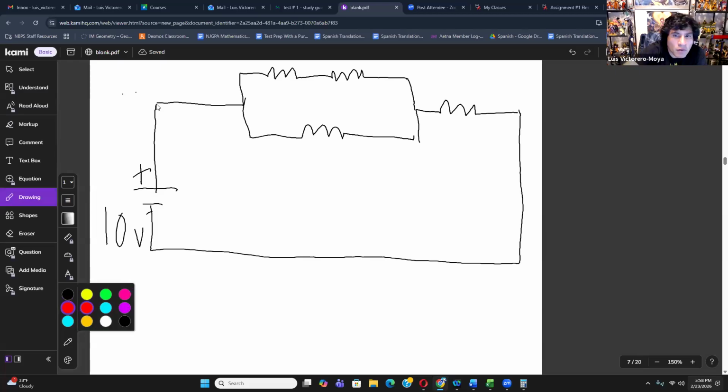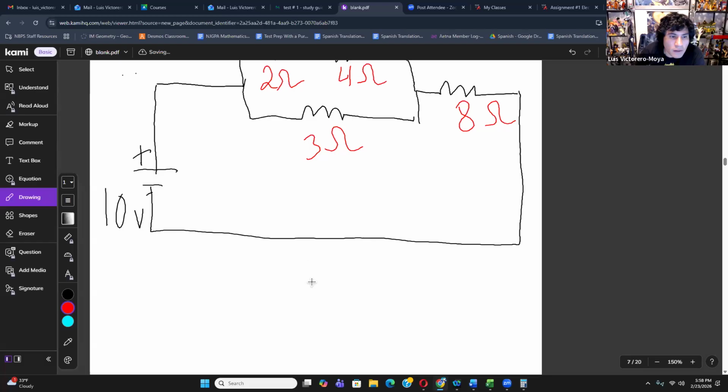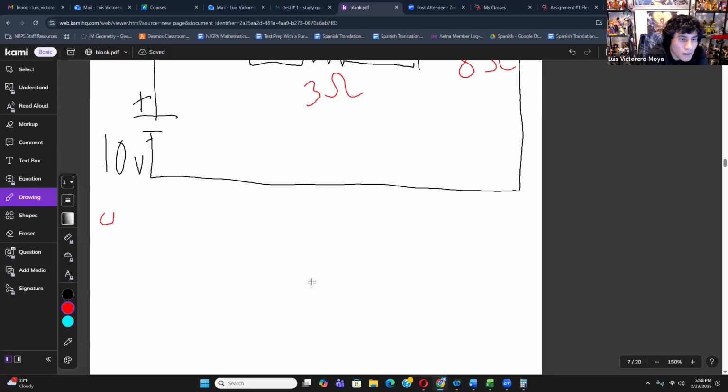Okay, so values of resistance, right? Let's make this 2 ohms, 4 ohms, 3 ohms, and 6, 3, 4, 2, 8 ohms. There you are. So you're going to find the equivalent resistance.